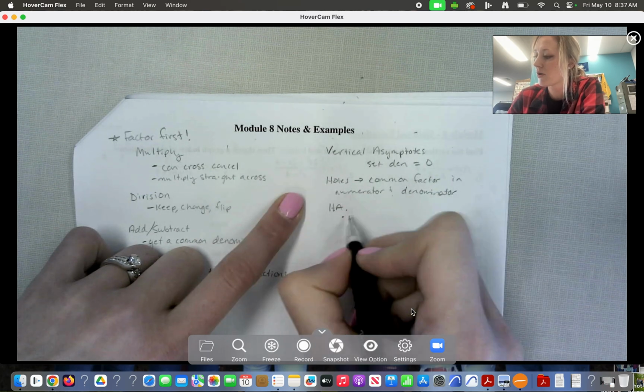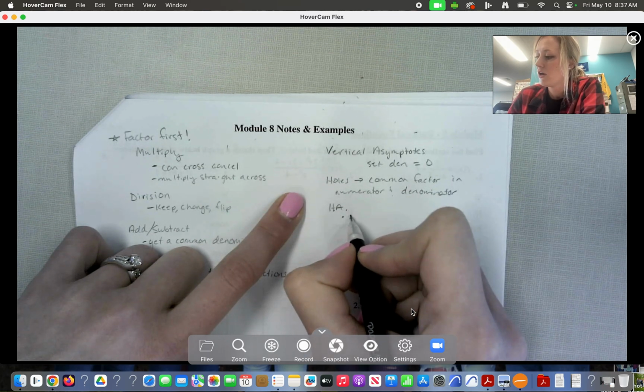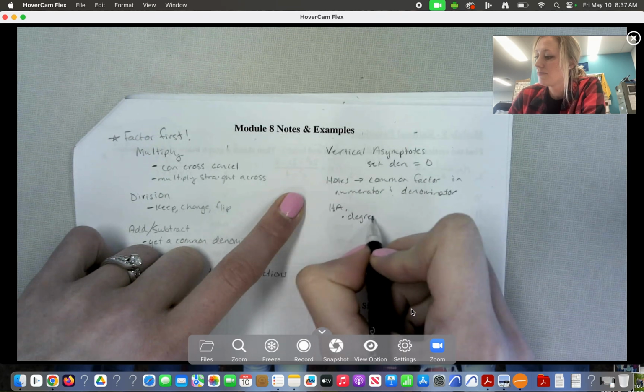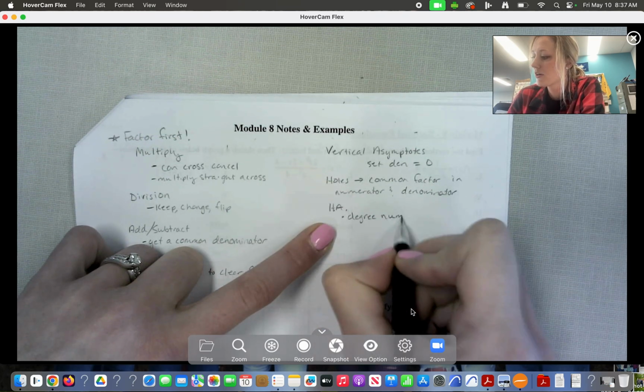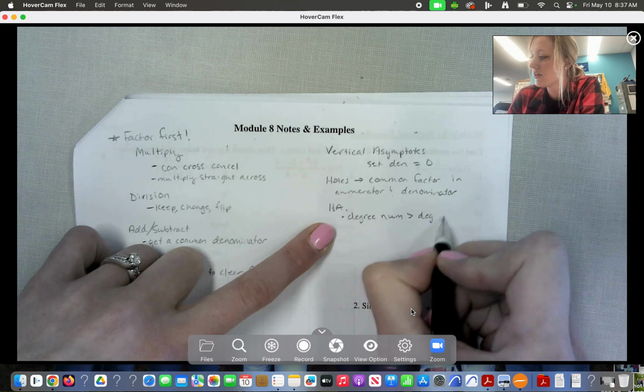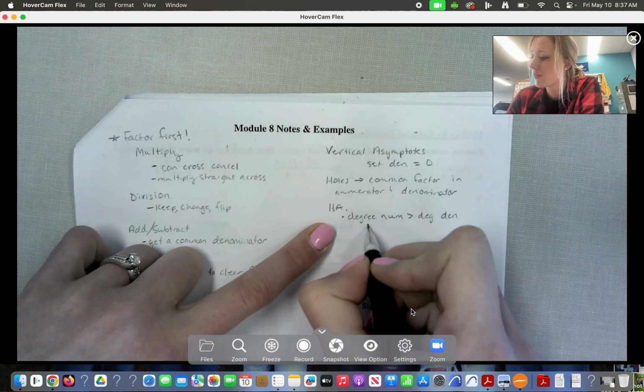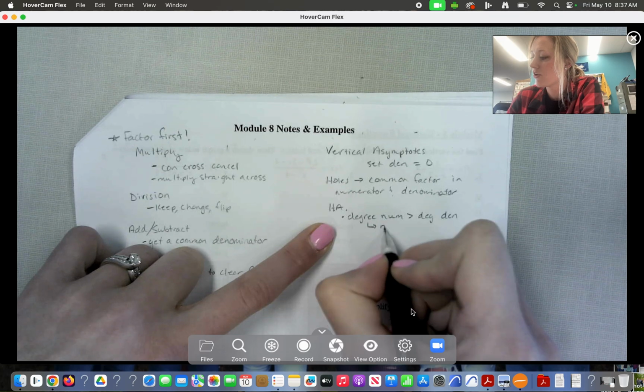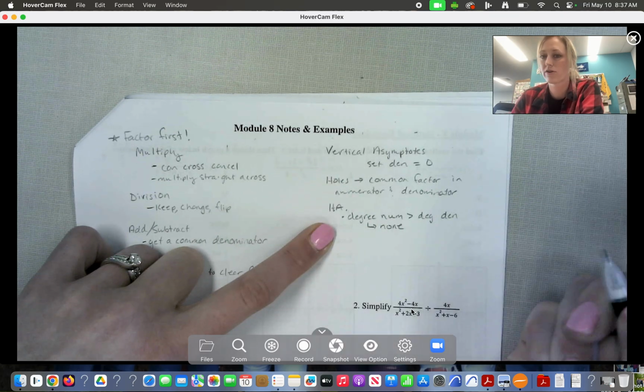So the first case was if the degree of the numerator is greater than the degree of the denominator. What that indicated is that there is no horizontal asymptote.